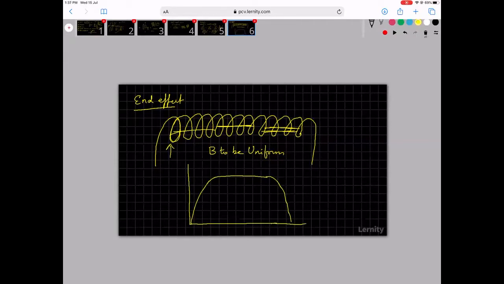So we want that uniform part to be here. You can't have a dimension of exactly the same length and expect the magnetic field to be uniform there. You will need to have it slightly longer on both sides, so that you are not worried about the zone where the magnetic field has not added up enough to produce a constant magnetic field. That is why the dimensions are given.